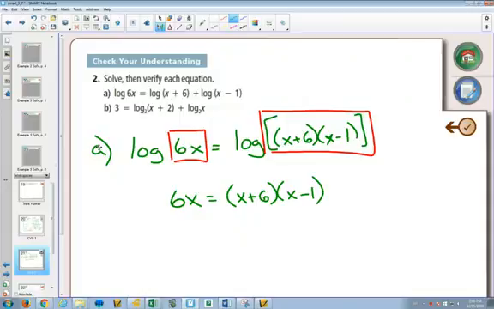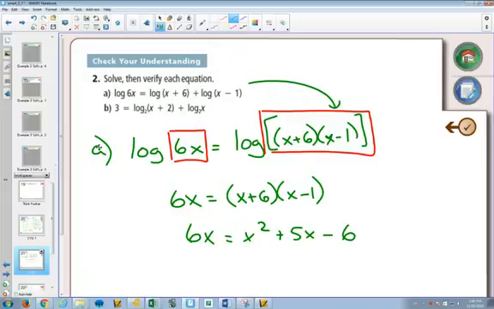If you had this equation, how would you go about solving it? Foil it out, so you get 6x equals x squared plus 5x minus 6. Right, but this is your log law to get from here to here.